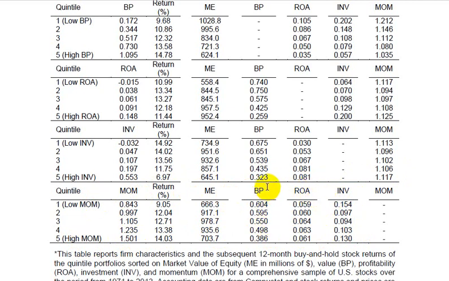And this makes sense with prior literature, which shows that momentum companies tend to be growth companies. So in this case, we have past losers tend to have the highest book to price ratio, which is indicative of value companies. So we say that the higher momentum companies tend to be growth companies here.